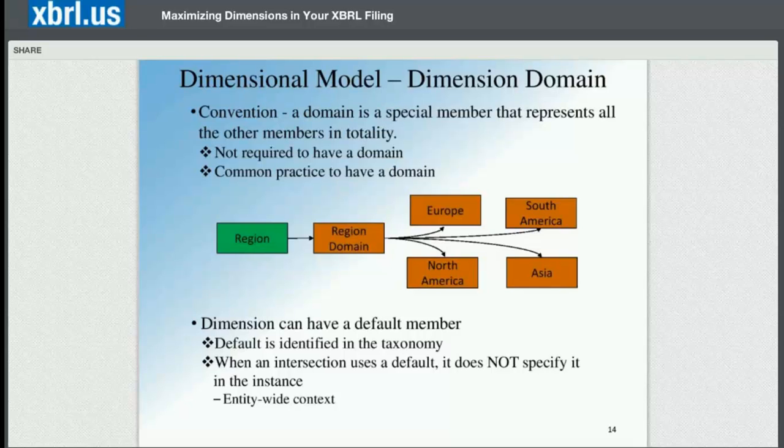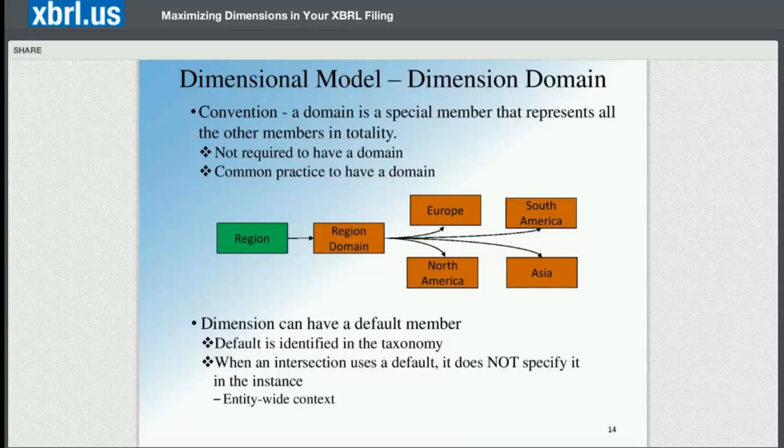Therefore, they all go on a geography axis, and you nest or build a hierarchy of the 50 states underneath the U.S. member in order to electronically communicate the relationship between the states to the country, which is the United States. That hierarchical relationship is what makes it a taxonomy.